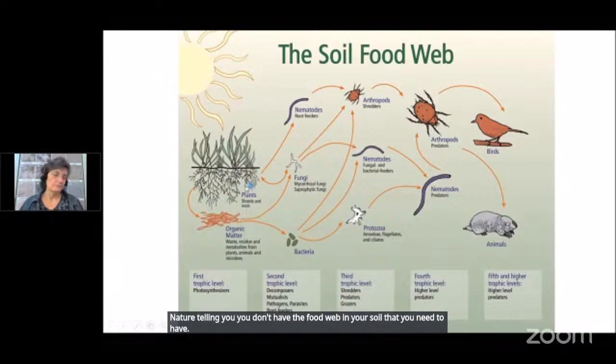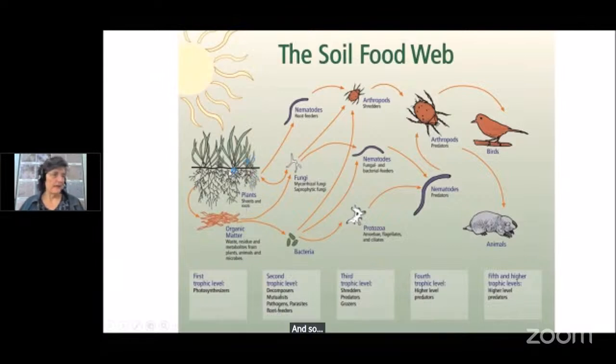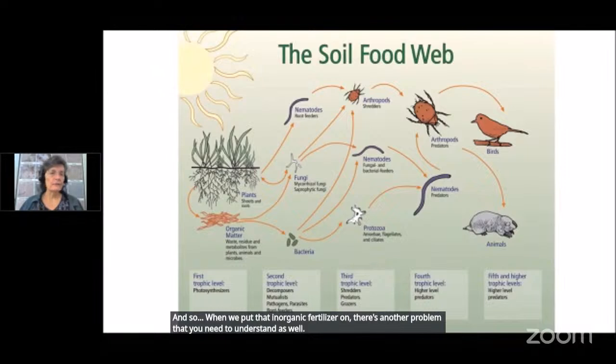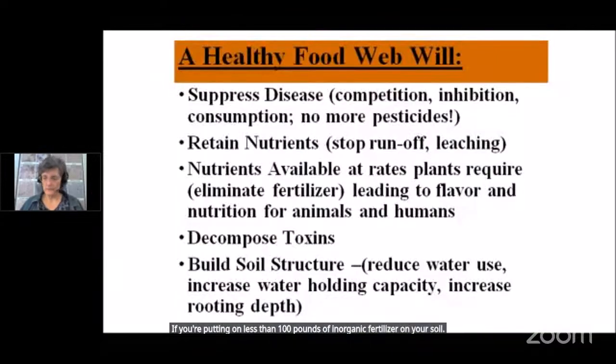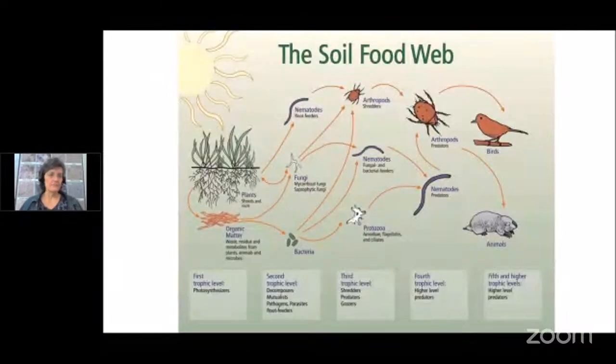And when we put that inorganic fertilizer on, there's another problem that you need to understand as well. If you're putting on less than 100 pounds of inorganic fertilizer on your soil during one application, that's not really going to affect the biology too much below ground.